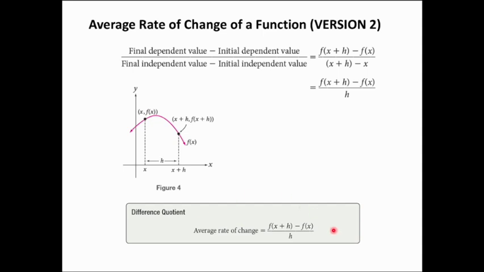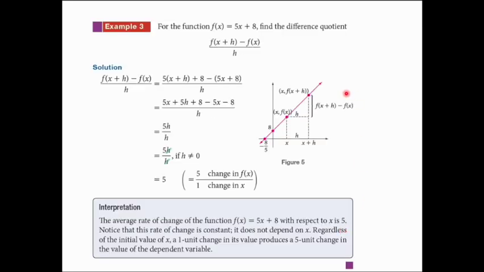It's still the same as f of x2 minus f of x1 all over x2 minus x1. It's the same thing, it's just in a different format. Just like 1/2 is the same value as 0.5. So now let's use this new format and find the difference quotient.